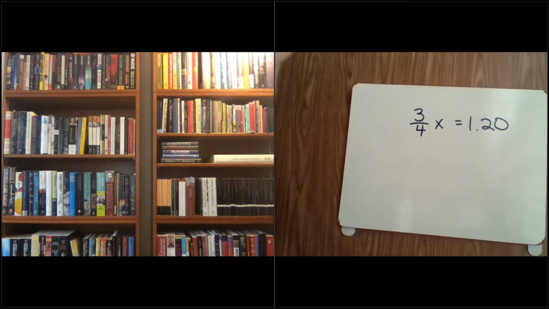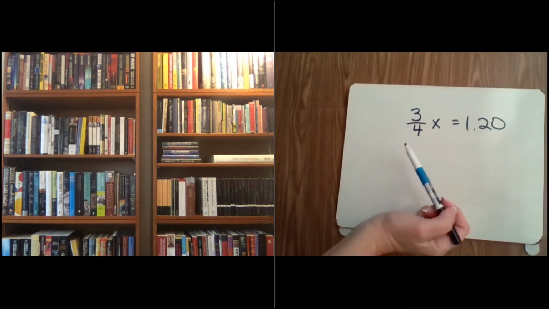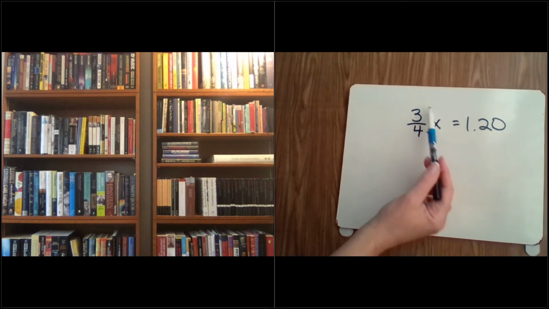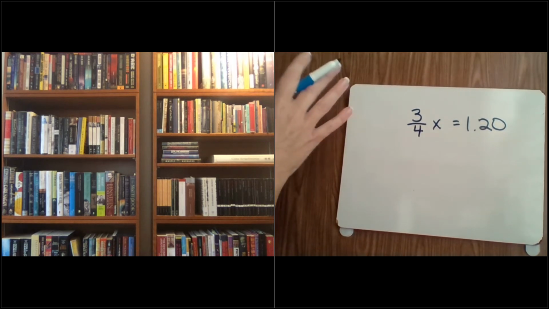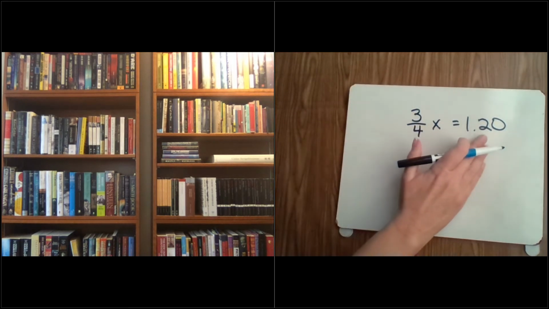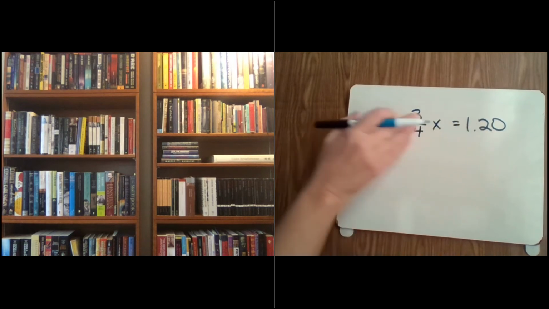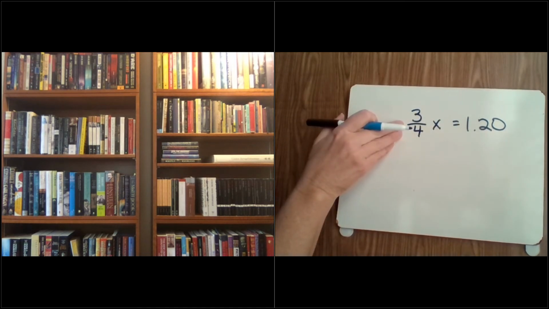Great. Okay, so it is not a good idea to try to solve a problem with a fraction and a decimal in it. The best first step would be to either turn our decimal into a fraction or turn our fraction into a decimal.